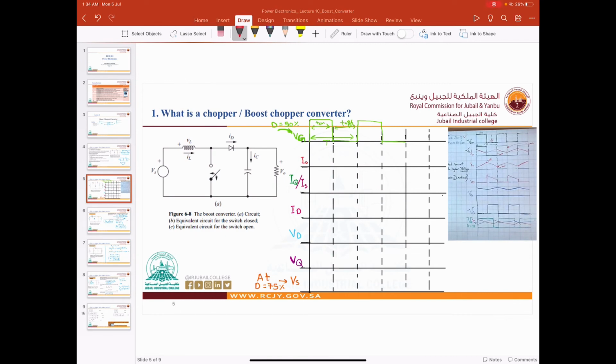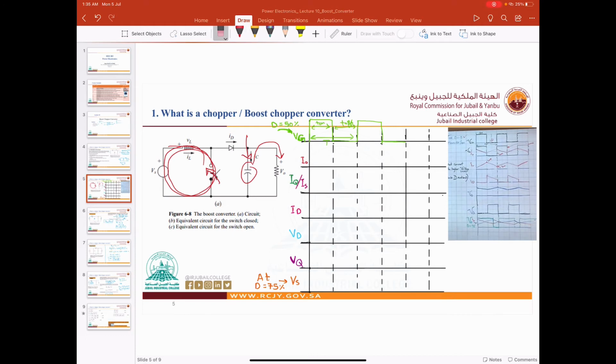Now the output current when the switch is closed, right? When the switch is closed, current IL here, right? But the capacitor here will discharge, and the current will go to the output. Now, from where did the charge enter the capacitor? From the previous state.